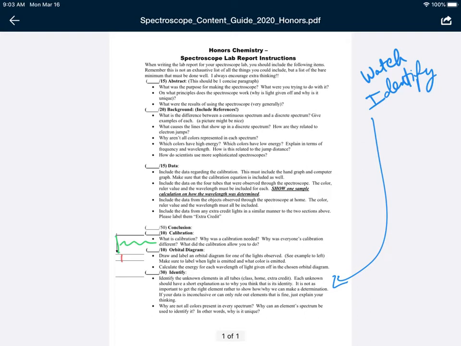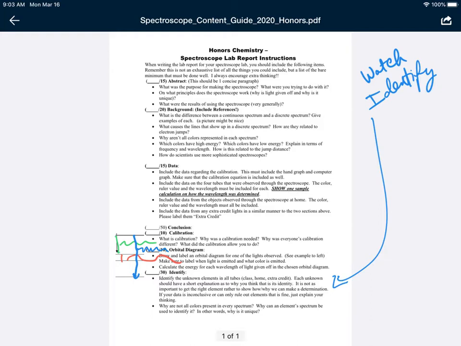Maybe here to here is red. Maybe if it goes all the way down, that's blue. So those are the ideas of the orbital diagram. So you have these jumps, and the bigger the jump, the bluer the color. So red is a short jump, blue is a big jump.